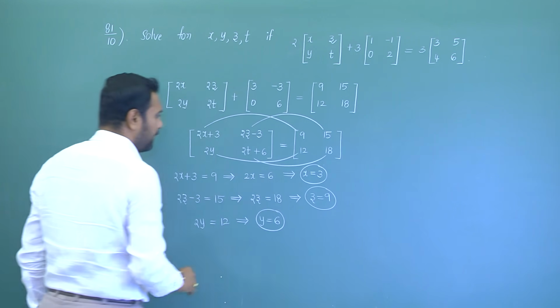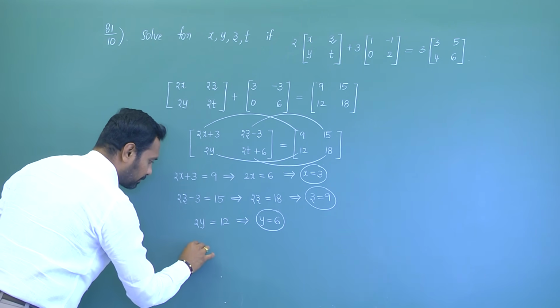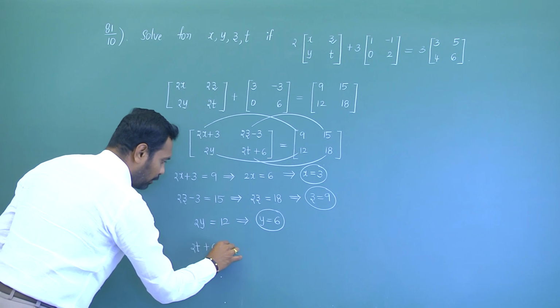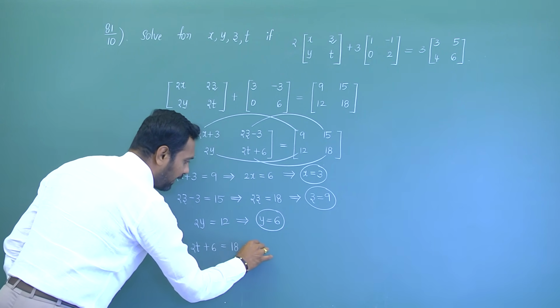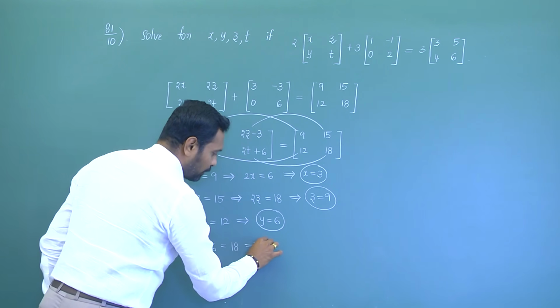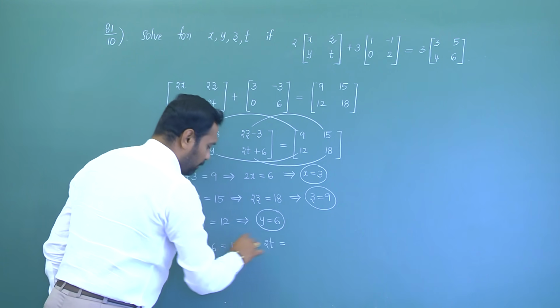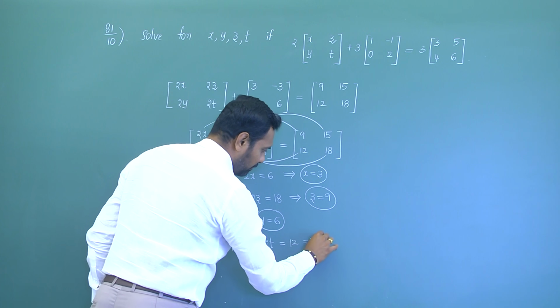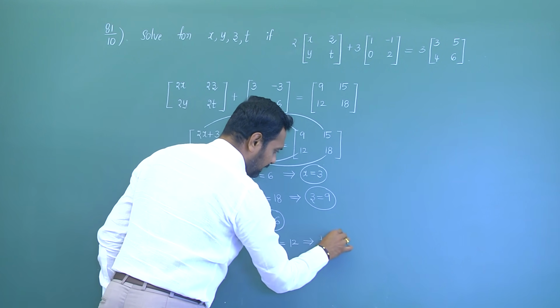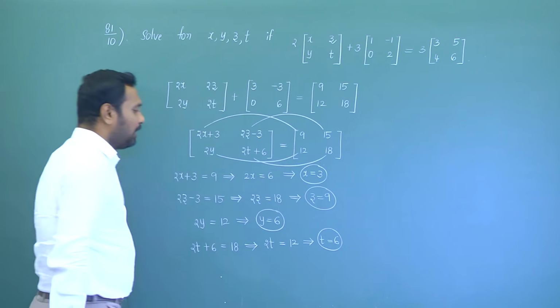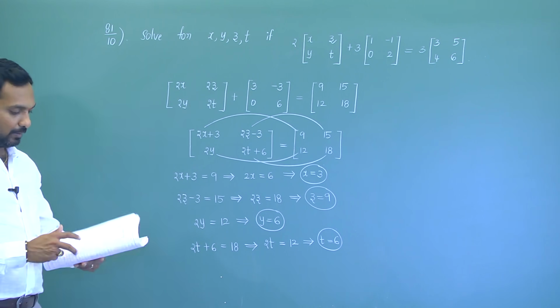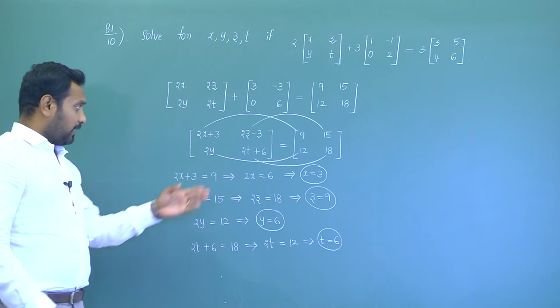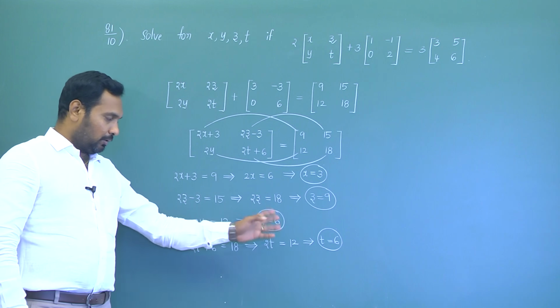If you compare these two, 2t plus 6 equals 18 implies 2t equals 18 minus 6, it is 12. This implies t equals 6. So that is how we find the x, y, z values.